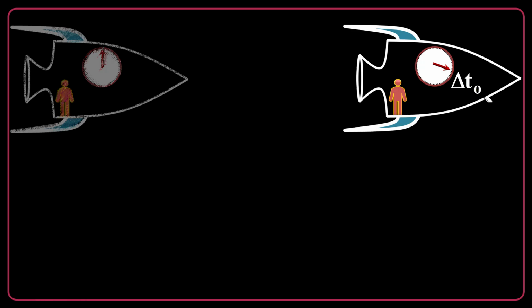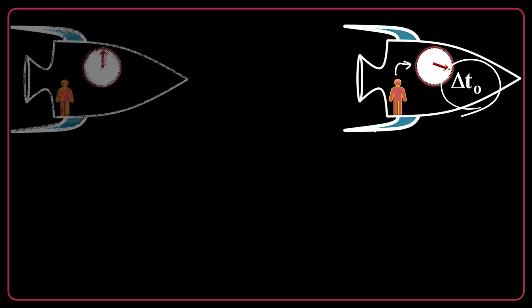This person, according to himself or herself in the spaceship, can see that the spaceship starts going somewhere and then reaches its destination. He is always at rest relative to these events. He can see that it starts from this planet and arrives at the other planet. So he can use a single clock at rest relative to him and measure the duration of this trip. That's why we say this is proper time.